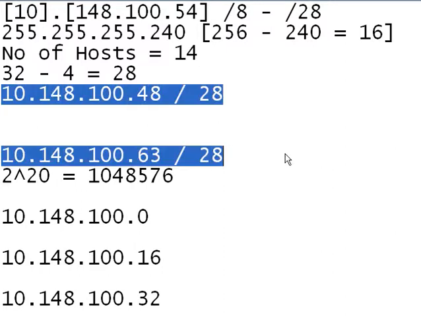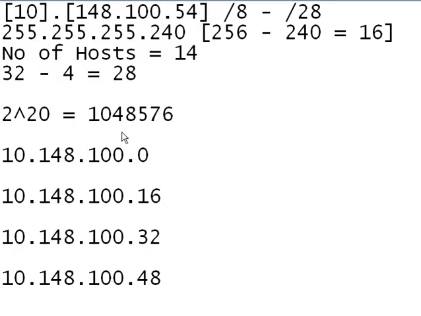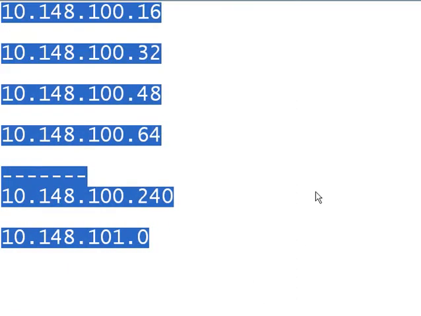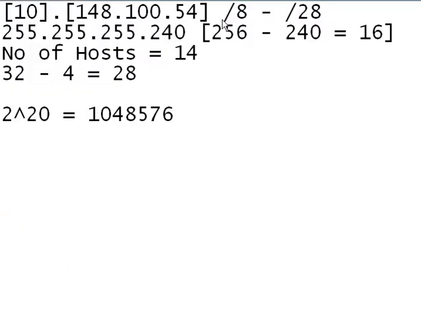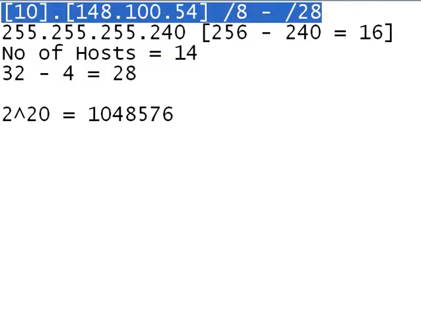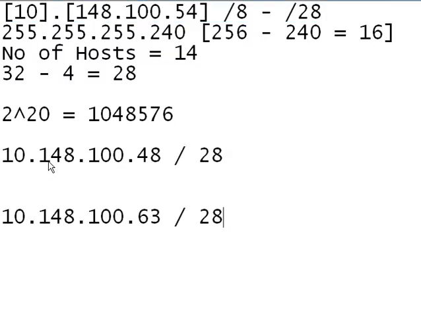So this will be 48 to 63. 48 is my network address, 63 is my broadcast address. 49 is my first valid IP and 62 is my last valid IP in this subnet.